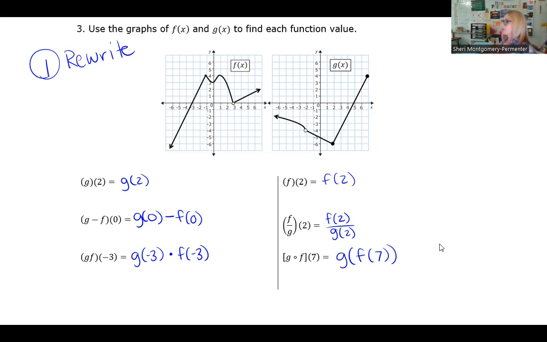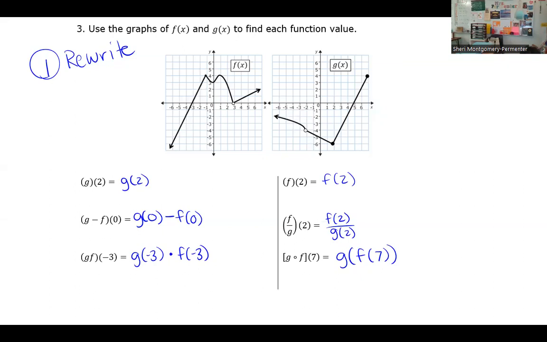What we're going to do now is use the graphs to find these numbers. Remember that the value inside is representing an x value, and we have to do it step by step. Finding just one value is not difficult. So g of 2. First, I have to find the g graph. I've got an f graph and a g graph, so it only cares about this graph. I'm going to find when x is 2.